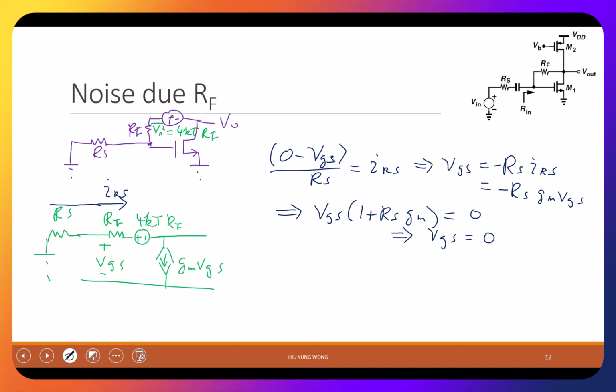Then you have Vout, and maybe did I do something wrong here? Oh, Vout squared will be equal to 4kT RF.